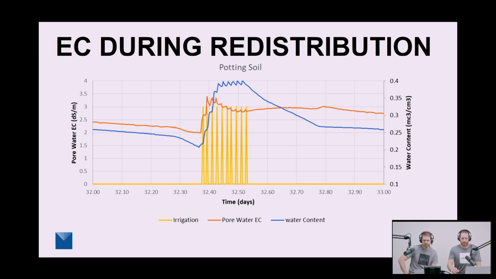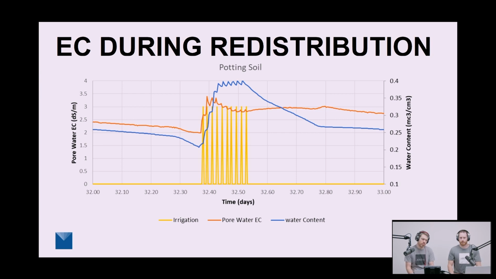Well, we can think about why the substrate EC would be lower than the feed, and that would have to be because the plant was taking up nutrients, and it's higher when the plant takes up in proportion more water than nutrients.